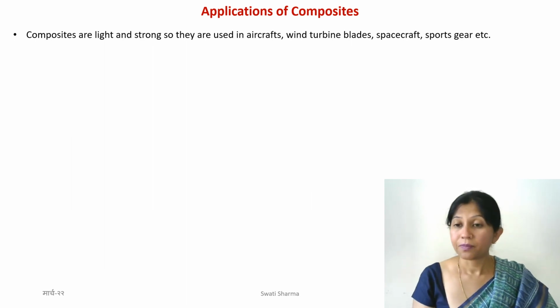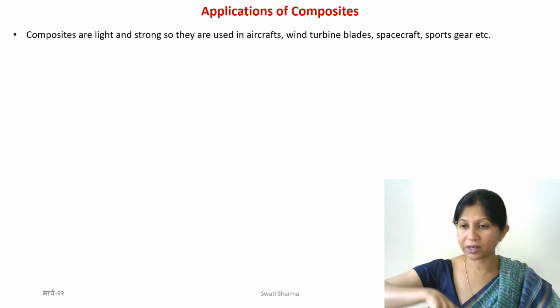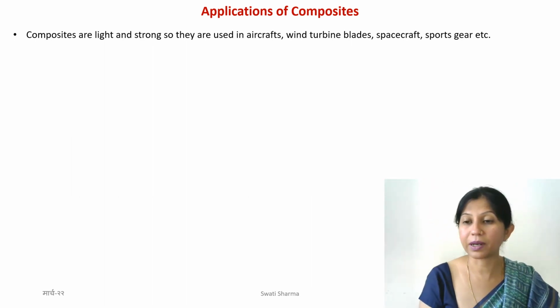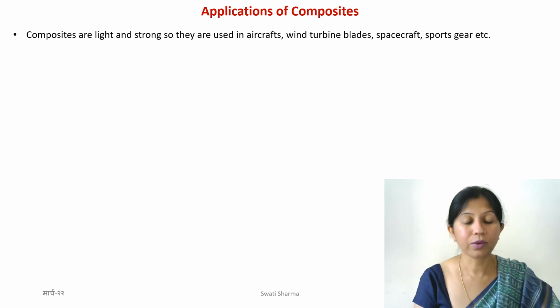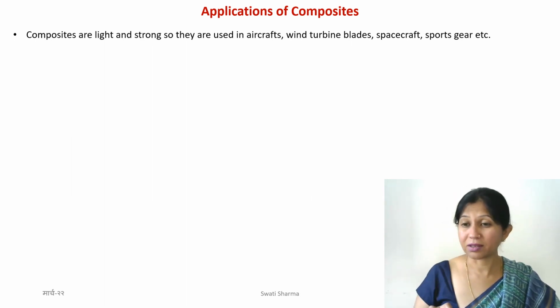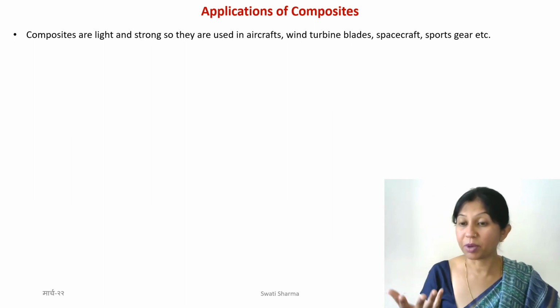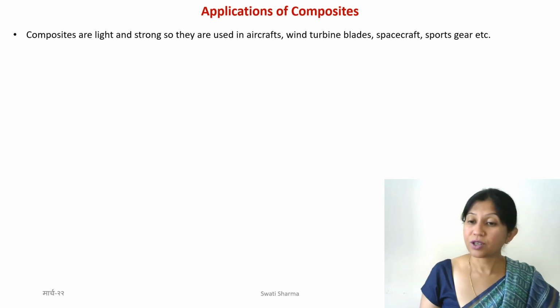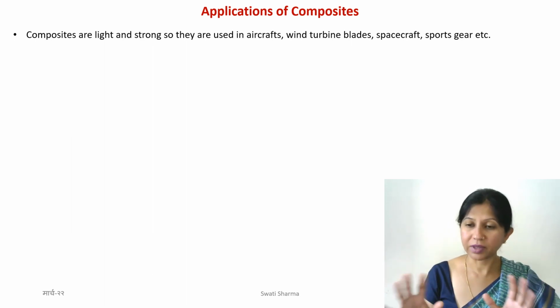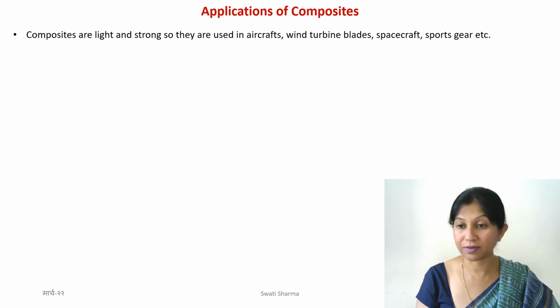So anyway, what do you need in a wind turbine blade? You must have seen these big white blades if you've seen a wind turbine. If not, you can do a quick internet search. These blades need to be light, right? As light as possible so that they can rotate easily because of the wind. They should also have a specific shape, but lightweight and strong, these two properties they should definitely have.